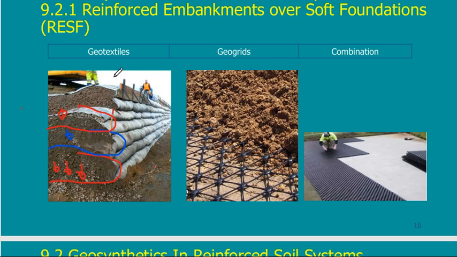Geotextiles are connected to each other. They are good in keeping material in place in case I have water coming from one place to the other, and I'm afraid that the water would carry particles. If I have water coming here, once it passes here, it would take the fine particles away.